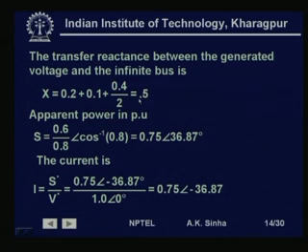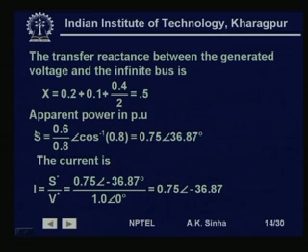So, the reactance is 0.5 per unit, and we have the apparent power in per unit as S is equal to 0.6 by 0.8. Since we are writing reactance, I have not written j here, otherwise you can write this j because the angle of this is always 90 degrees, it is an inductance.